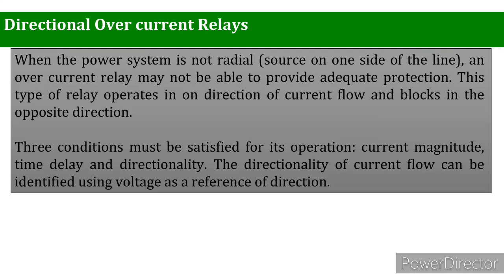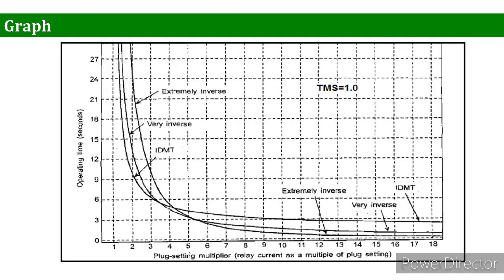This type of relay operates in one direction of the current flow and blocks in the opposite direction. Three conditions must be satisfied for its operation: current magnitude, time delay, and directionality. The directionality of the current flow can be identified using voltage as a reference of direction.